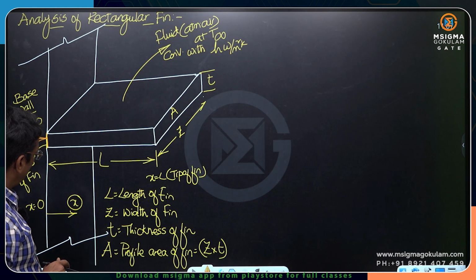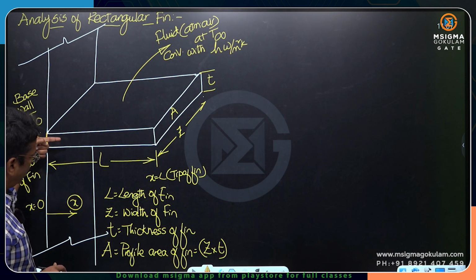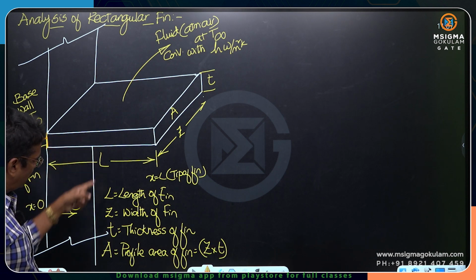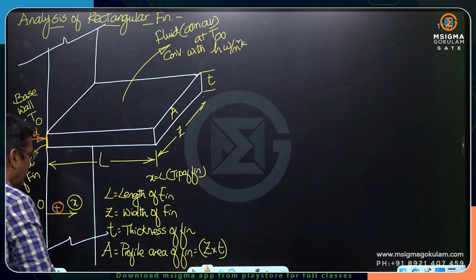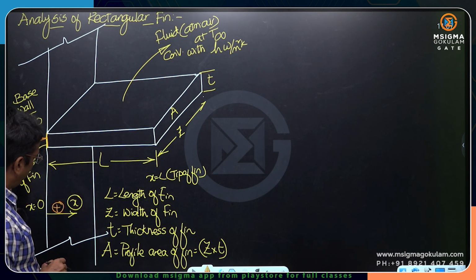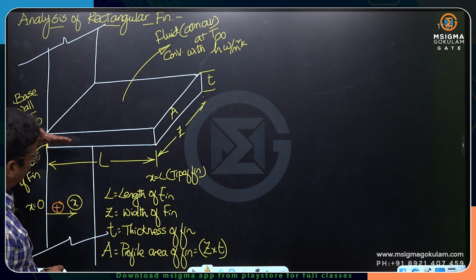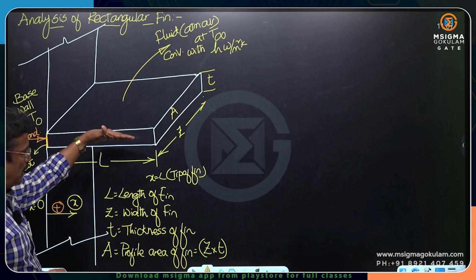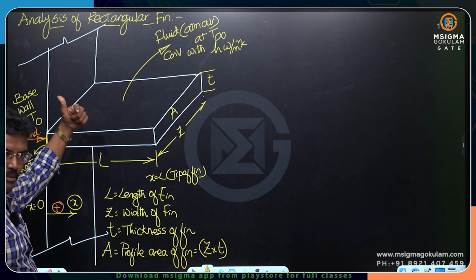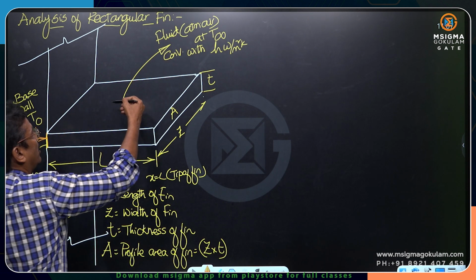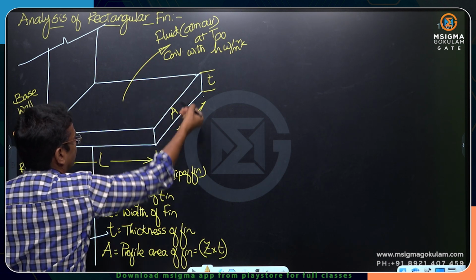Heat enters from the base wall into the fin by conduction, and then the heat keeps conducting along the length of the fin, that is in the x direction, the positive direction of x. Simultaneously, heat also keeps convecting from the surface of the fin.